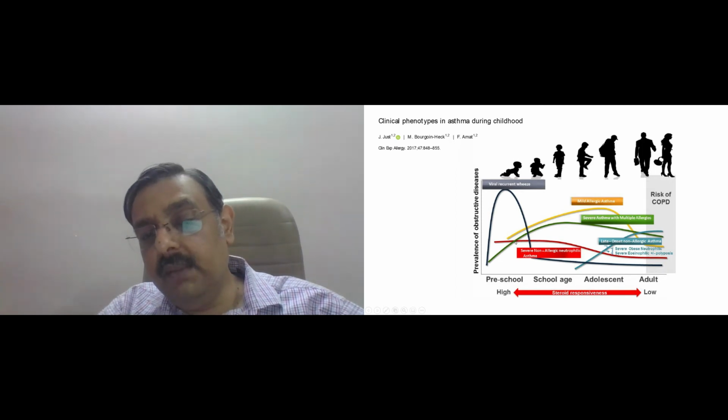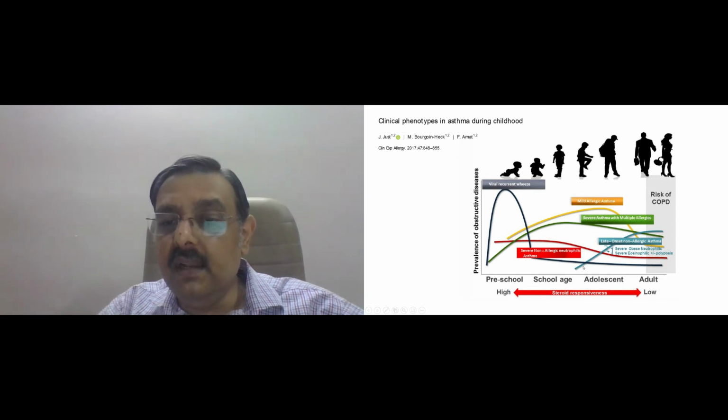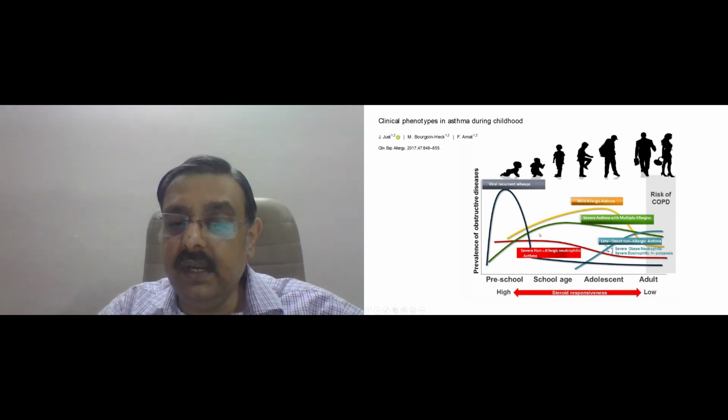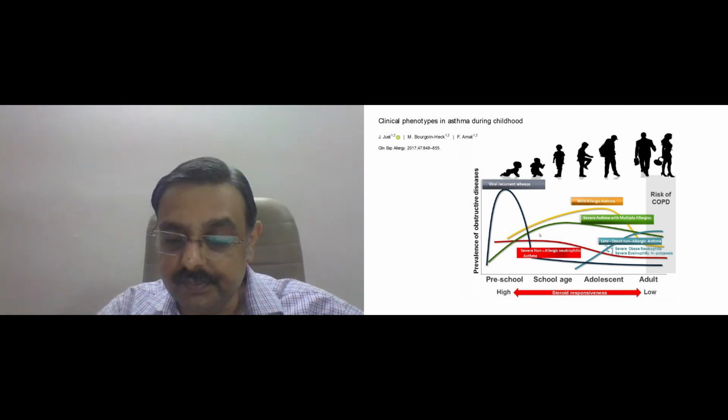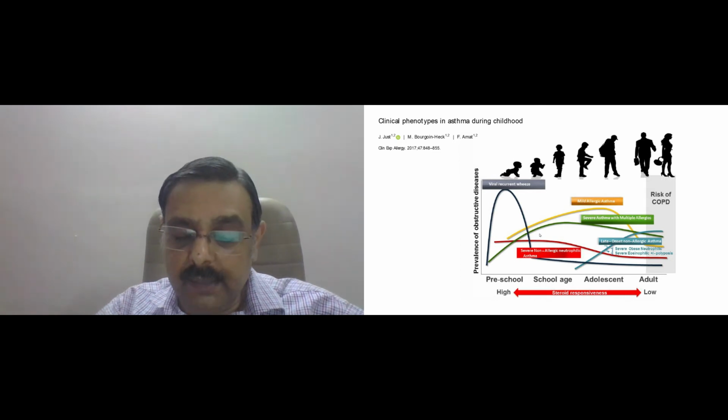They can be severe non-allergic neutrophilic asthma, which we are now learning about, and they can be a late onset asthma, which is seen from school age, and there are different trajectories which have been defined in different cohorts. So let's talk about endotypes now after phenotypes.